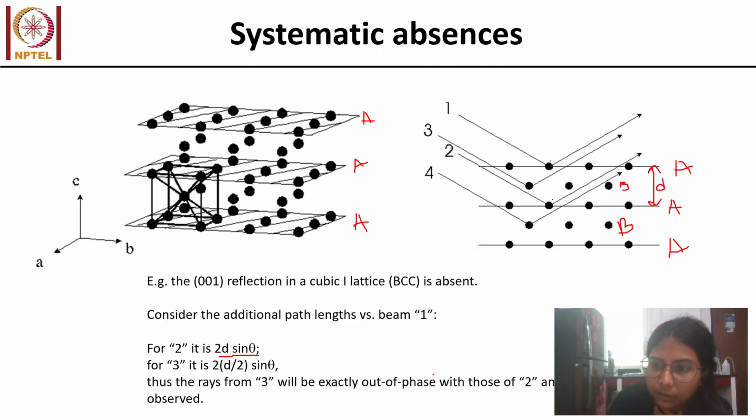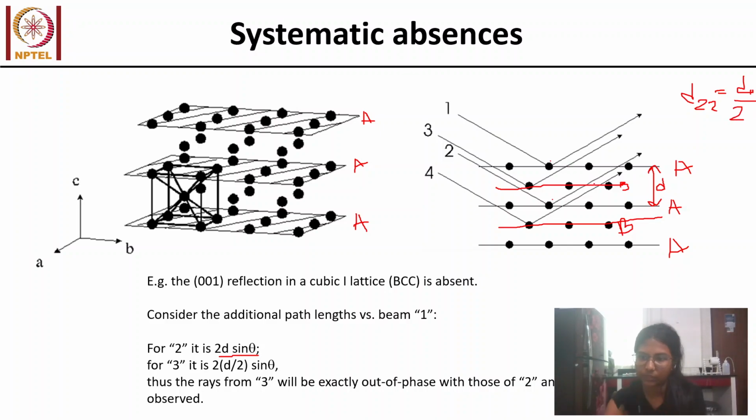Now let us consider the B set of planes, like these planes. Here this distance is d, but the d of 222 will be half of d111. This is another set of planes, with distance, suppose, d prime.